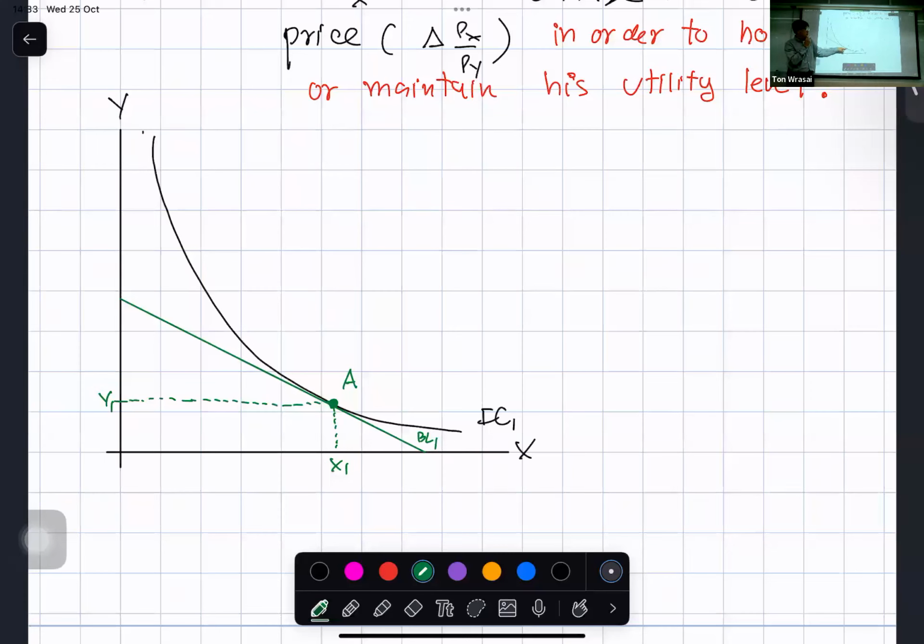Rational spending rule or utility maximizing rule is true here. Slope of IC equals slope of budget line. We double check. A is a utility maximizing choice at this moment.